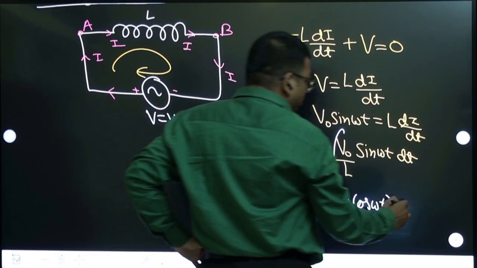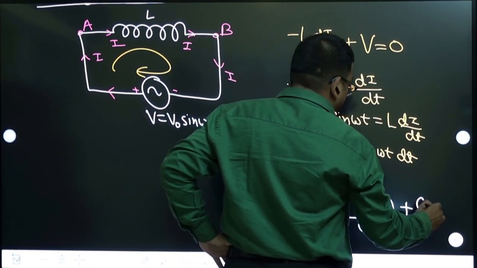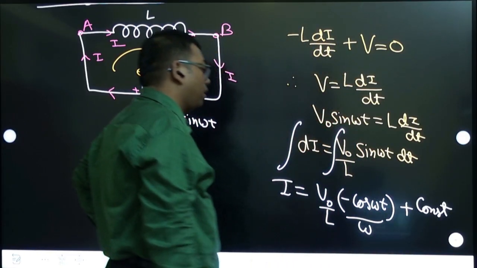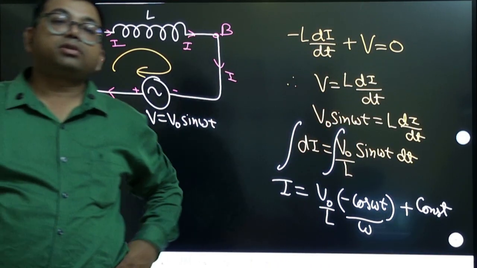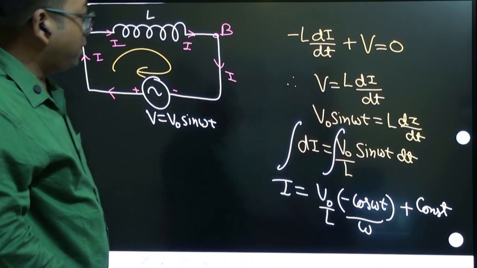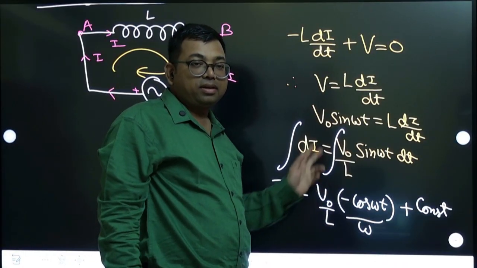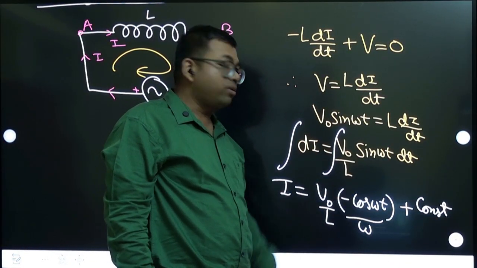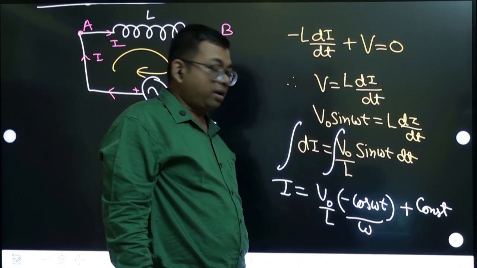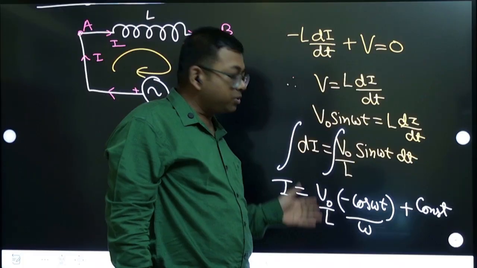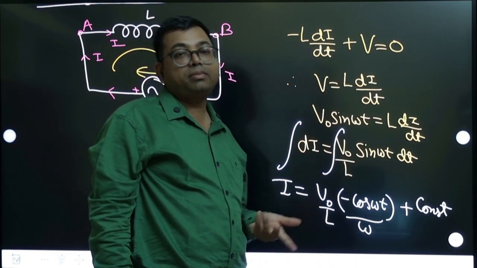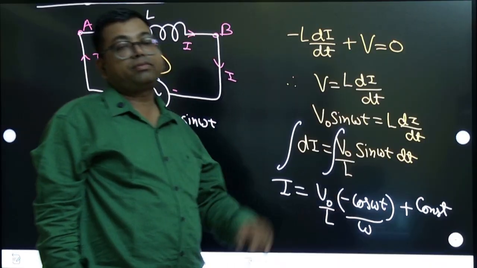And some constant of integration you can add. Because it's an indefinite integration now, you remember, in indefinite integration we add a constant. In definite integration you will substitute the limits, but we do not know the limits, so we are doing indefinite integration.